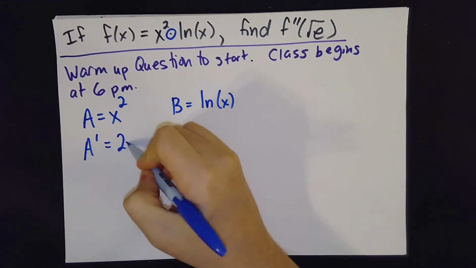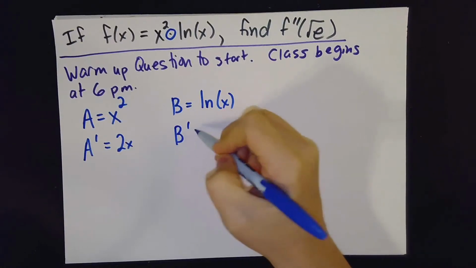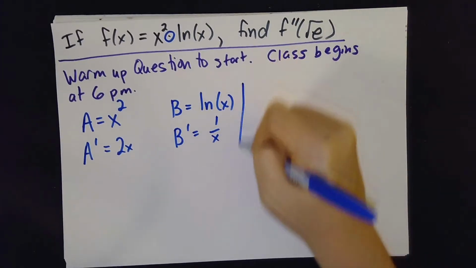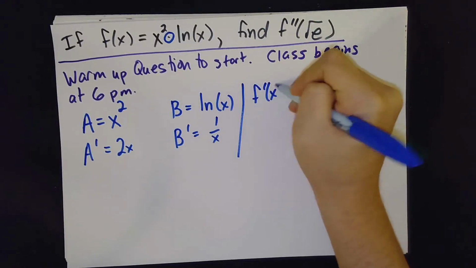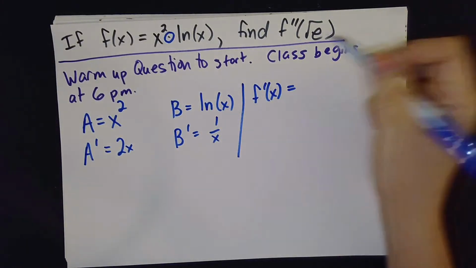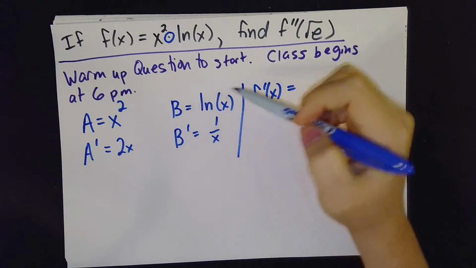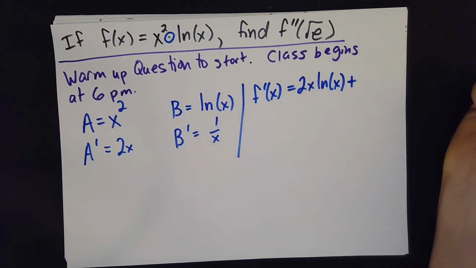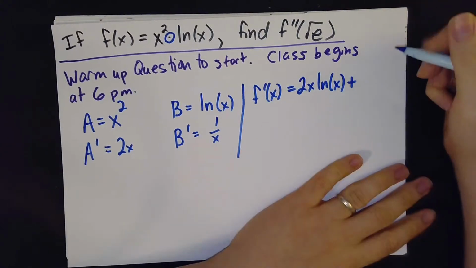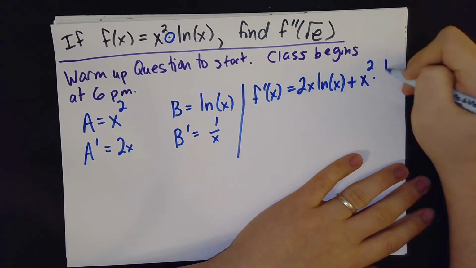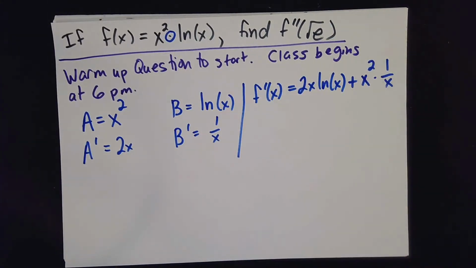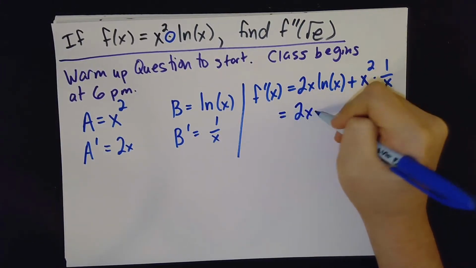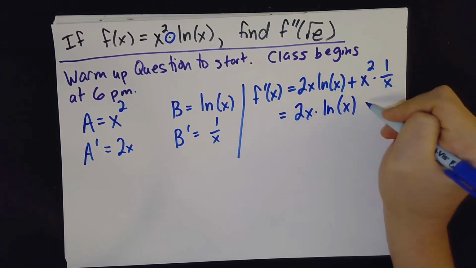So a prime is 2x, b prime is 1 over x. So if I go ahead and take the derivative here, that will give me a prime b plus ab prime, and so if I simplify this, okay, something like this.